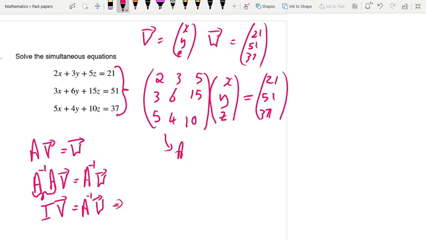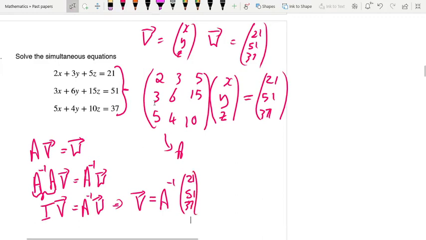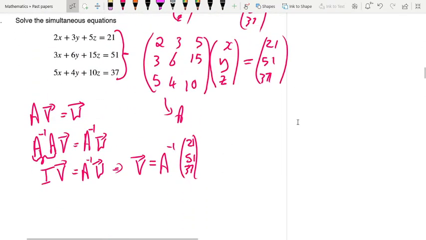So basically, the vector which we're looking for, x, y, z, the v vector, which is the solutions, is equal to the inverse matrix times 21, 51, and 37. I hope that makes sense, but we're going to swiftly move on and attempt finding the inverse, because that's the real hard part.